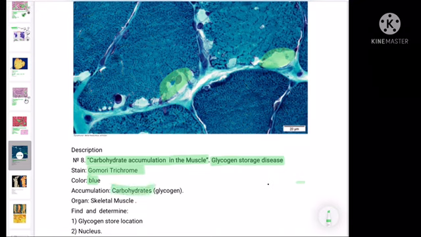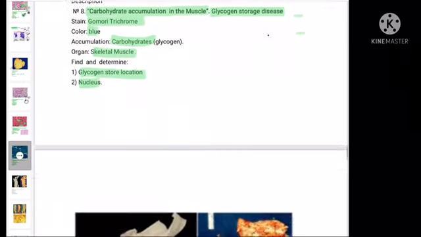Accumulation is carbohydrate, organ is skeletal muscle, glycogen, location, and the nucleus. So we use three stains: H&E staining, Gomori trichrome staining, and PAS staining. These three stainings we use for the glycogen accumulation.